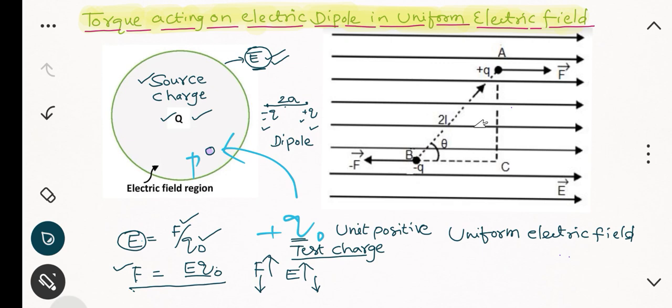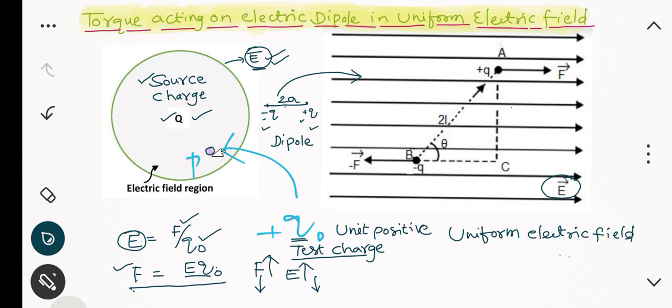Here we have to place an electric dipole in a uniform electric field E. That is, a system of two charges separated by a distance 2a must be placed in an electric field.